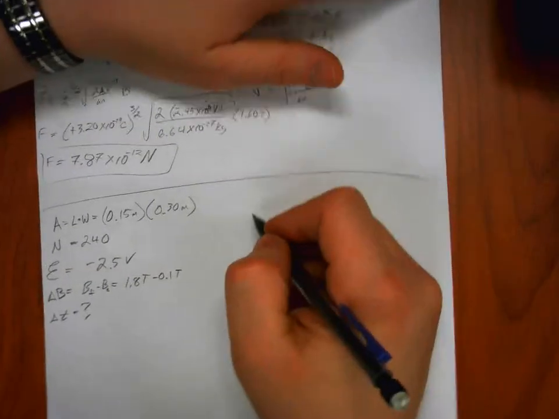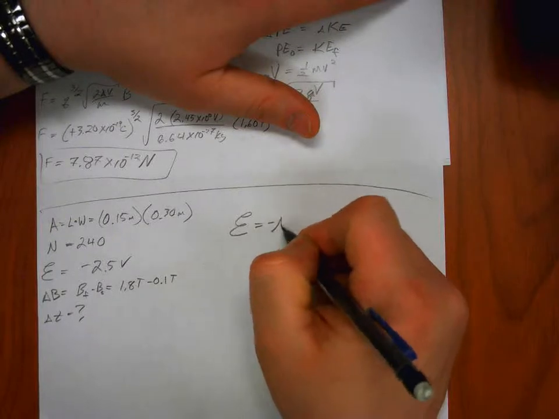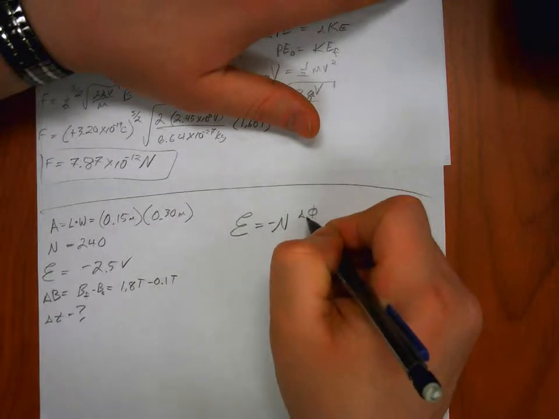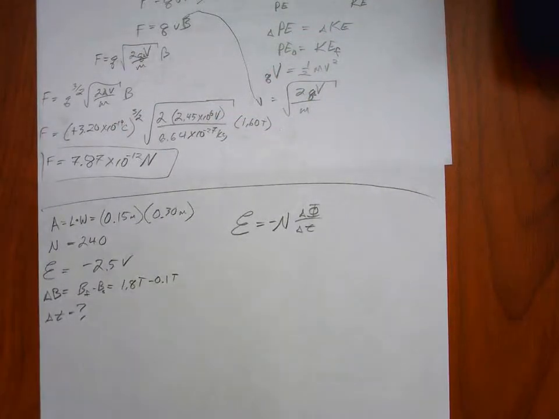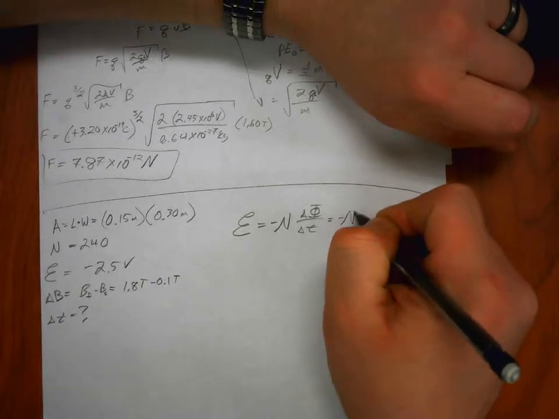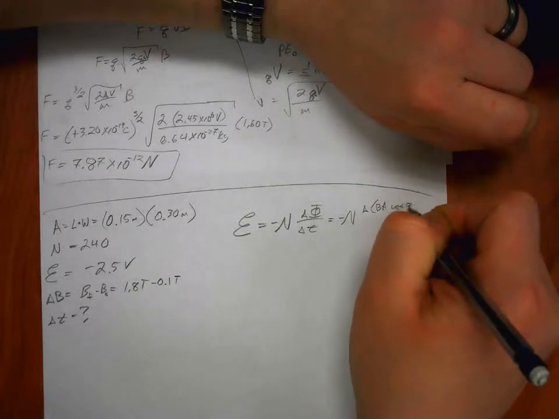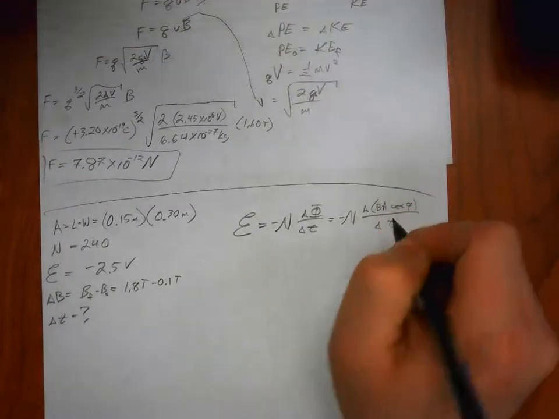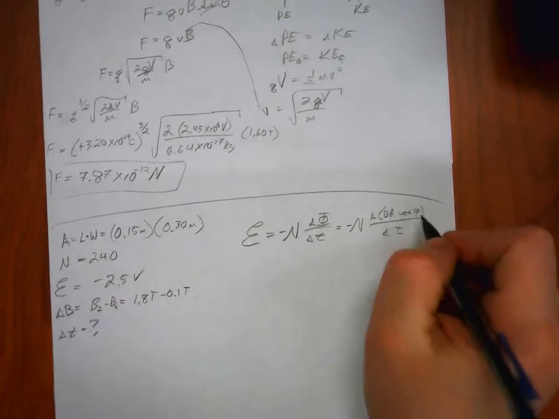Well, if you remember Faraday's law of induction, EMF equals negative N delta phi over delta T, which equals negative N delta B A cosine phi over delta T. No one talks about the orientation changing.